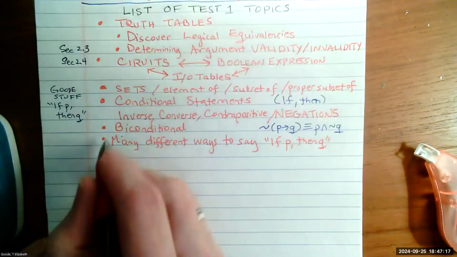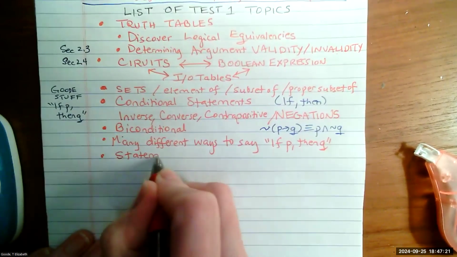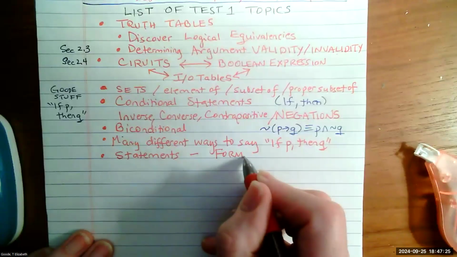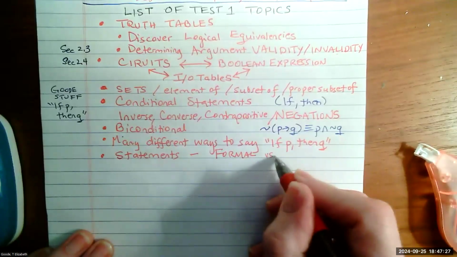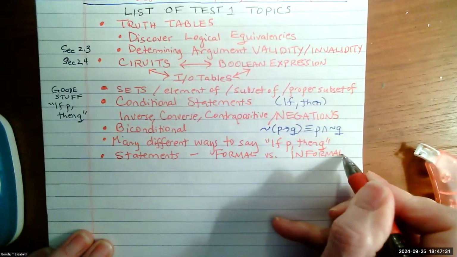Then we had, in general, the idea of a formal statement versus an informal statement. Formal just means we're using symbols. Informal means we're using ordinary English, of course.